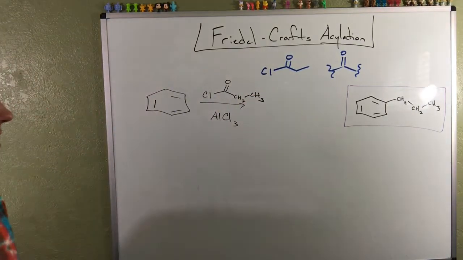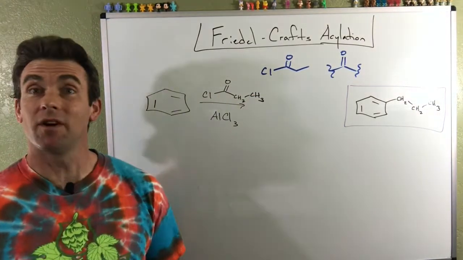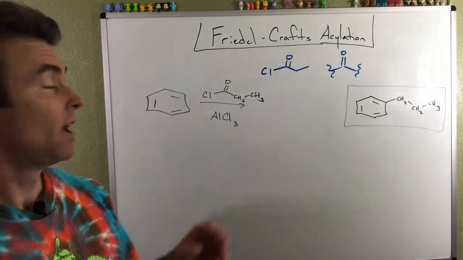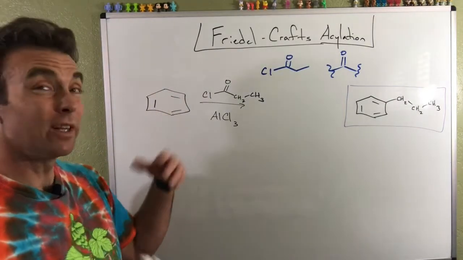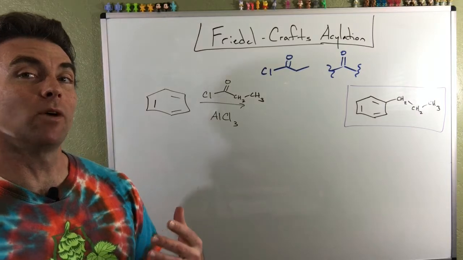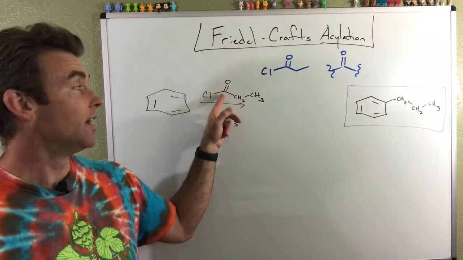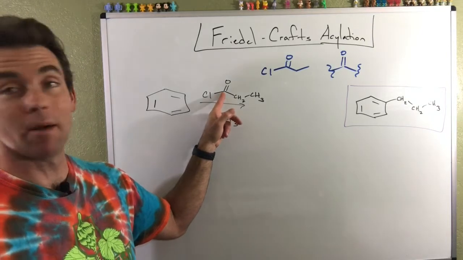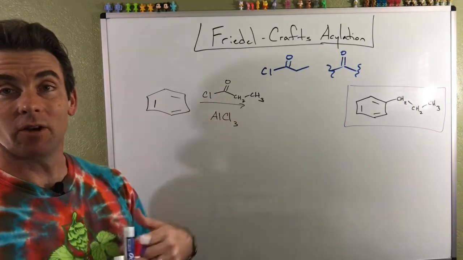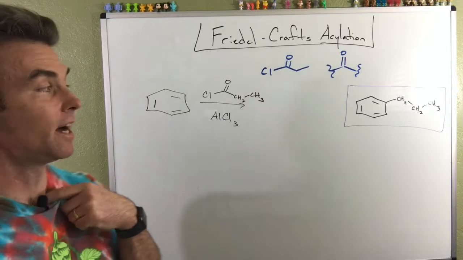And to be totally honest with you, the mechanism is very good, also in your textbook. I'm not going to go through it because it's really similar to what we just saw before. The only difference is that you end up with what's called the acylium cation. In other words, a carbon with a positive charge there due to the chlorine falling off onto the catalyst.